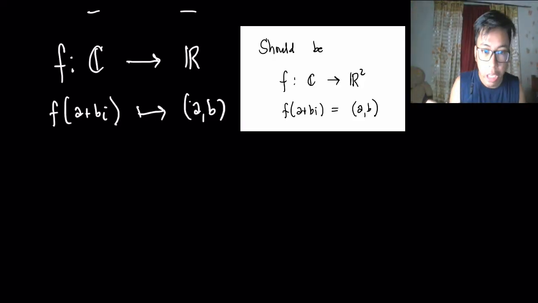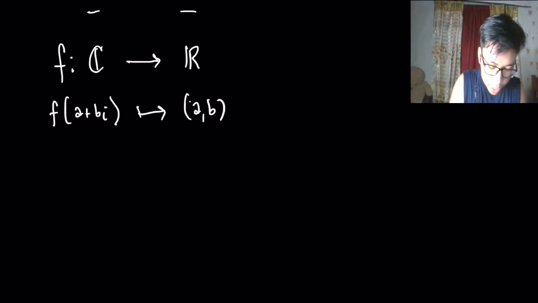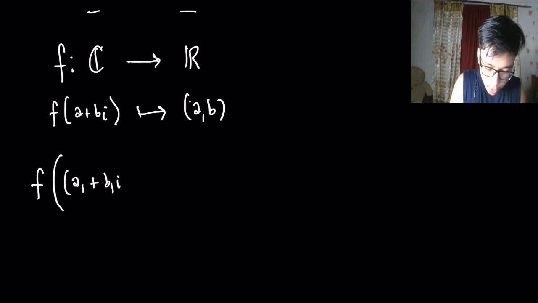Now, if you can notice here, I have f of, let's say, a1 plus b1i, and I also have a2 plus b2i.